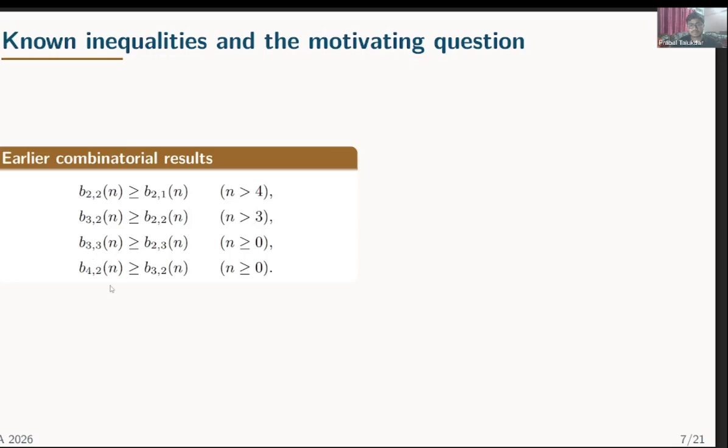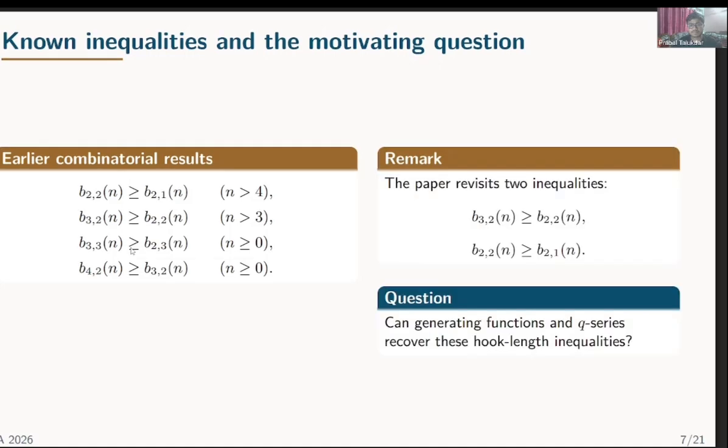There are also related inequalities involving b_{3,3}(n) and b_{4,2}(n). The original proofs were combinatorial. The motivating question of our work is whether the generating function in q-series can recover some of these inequalities.